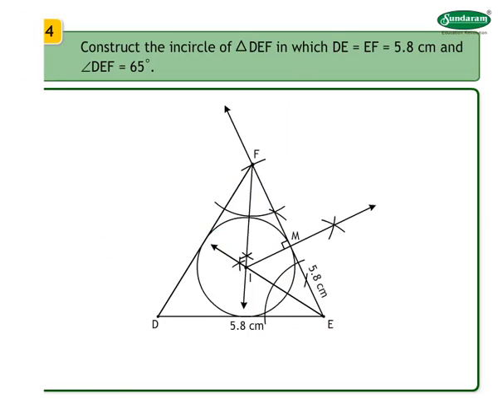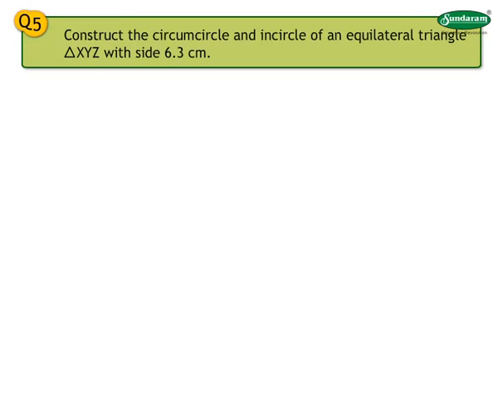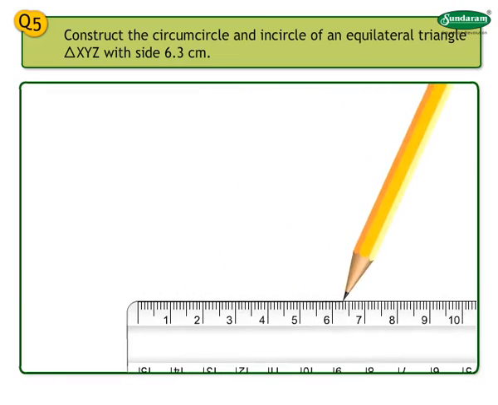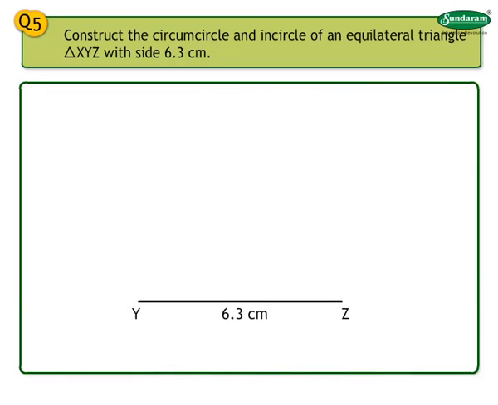Question 5. Construct the circumcircle and incircle of an equilateral triangle, triangle XYZ, with side 6.3 centimeters. Solution. First, draw segment YZ of length 6.3 centimeters.